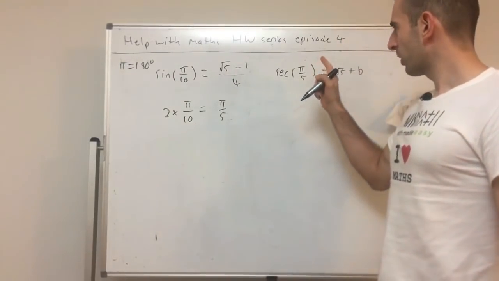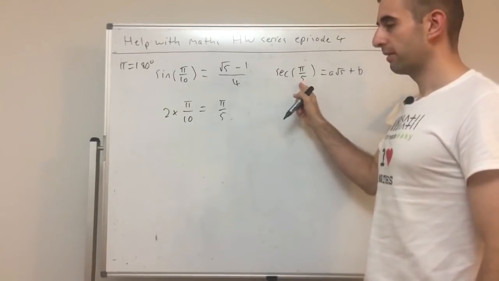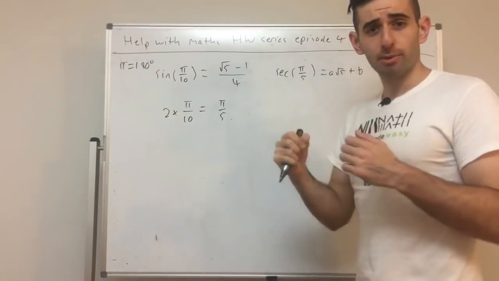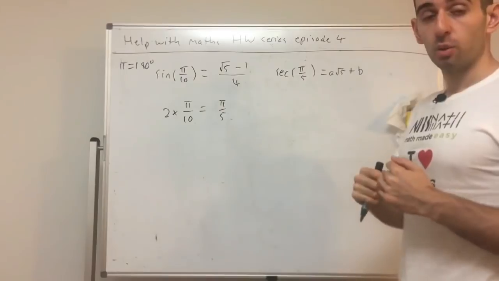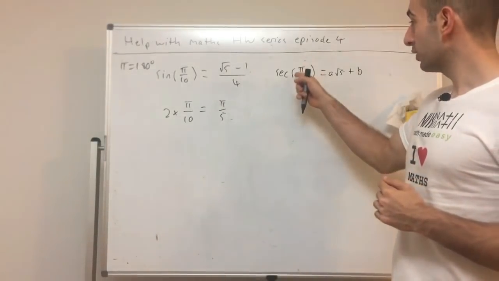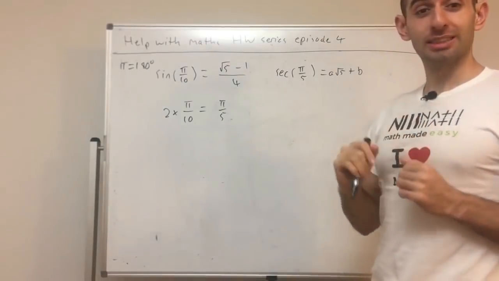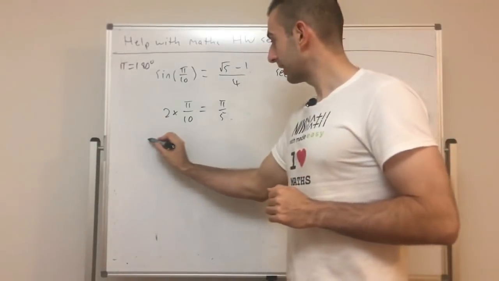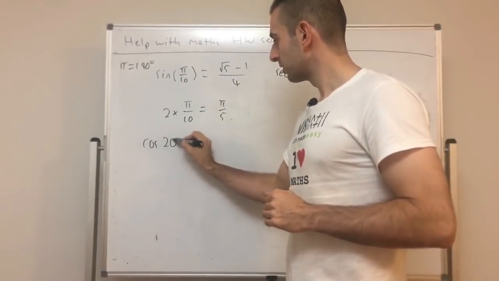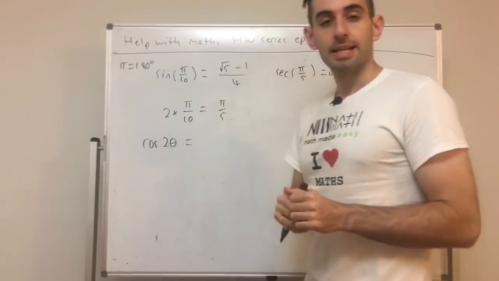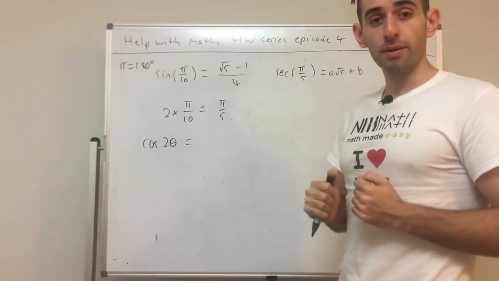And then we want to find sec pi on 5. So that means we are going to need a double angle formula to do that. Which one do we need? Well, sec, you should realize, is 1 over cos. So we need the cos double angle identity. So we're going to need the cos 2 theta. Now, which cos one do we want?